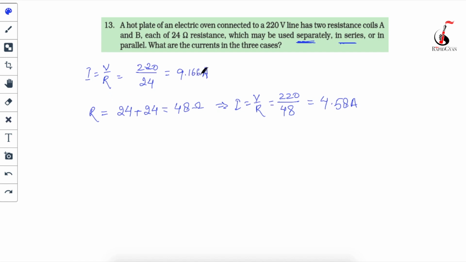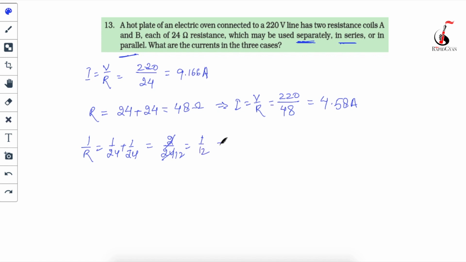Okay. So the third case is when they are going to be used in parallel. First, what you will have to do is find the equivalent resistance. So 1 upon R will be equal to 1 upon 24 plus 1 upon 24, which is equal to 2 upon 24. So this is 1 upon 12.